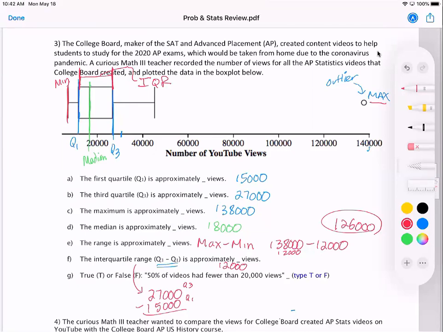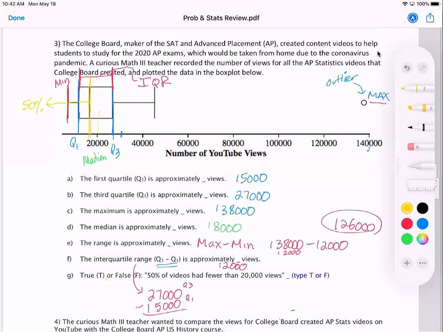And then lastly, we have a true or false question. 50% of videos had fewer than 20,000 views. So let's use the median. The median is the 50% mark, or the halfway mark. So if the median is here, and this says 50% of videos had fewer than 20,000. 20,000 is right here. And the median divides the bottom 50% from the upper 50%.